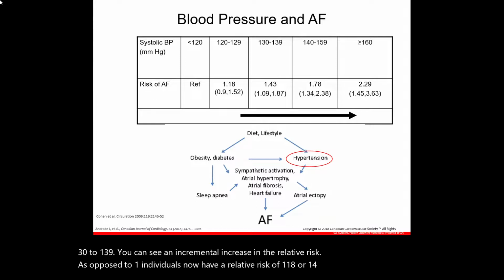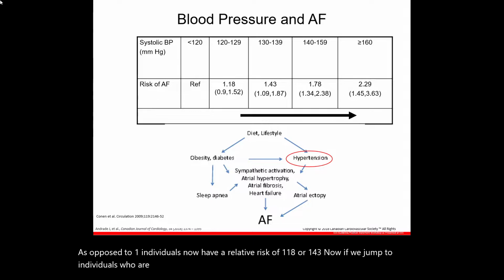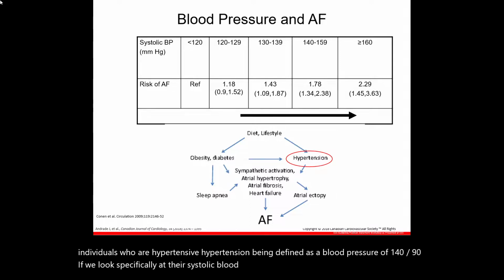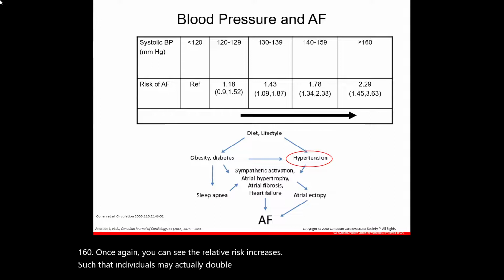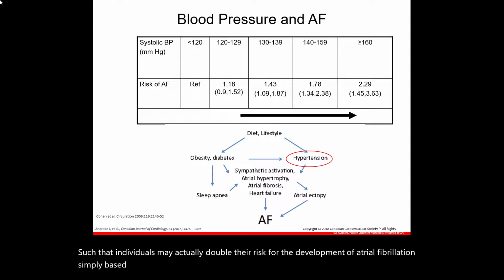Now, if we jump to individuals who are hypertensive, hypertension being defined as a blood pressure of 140/90, if we look specifically at their systolic blood pressure, ranging between 140 and 159 or over 160, once again, you can see the relative risk increases, such that individuals may actually double their risk for the development of atrial fibrillation simply based on having a high blood pressure.